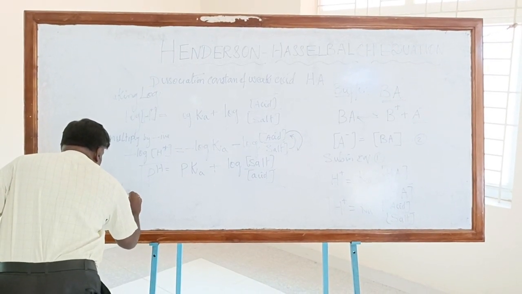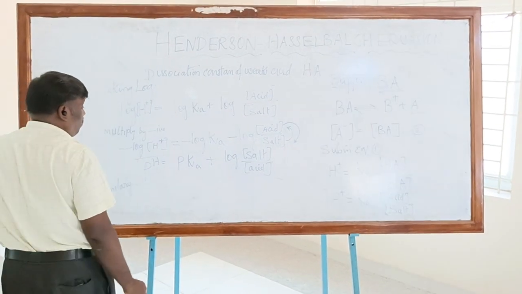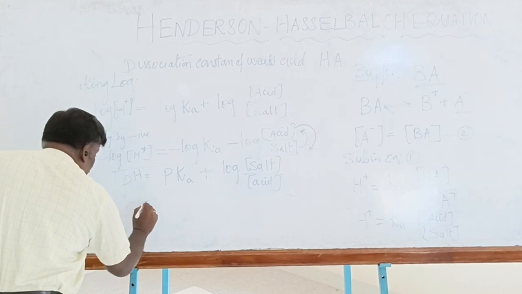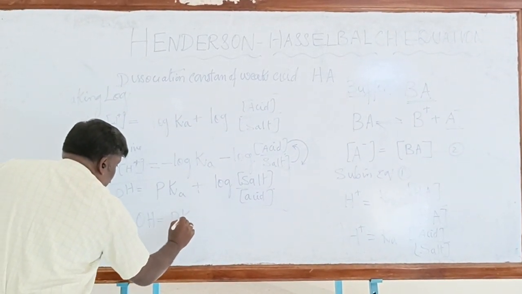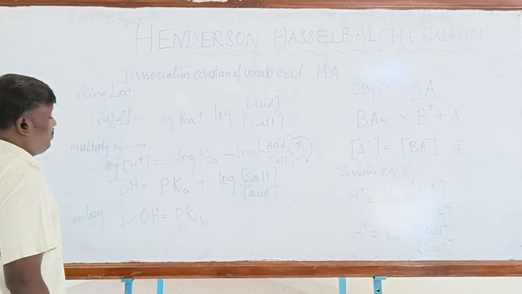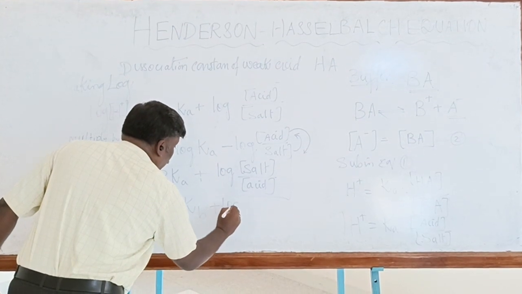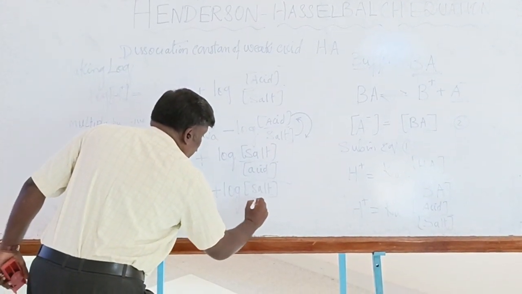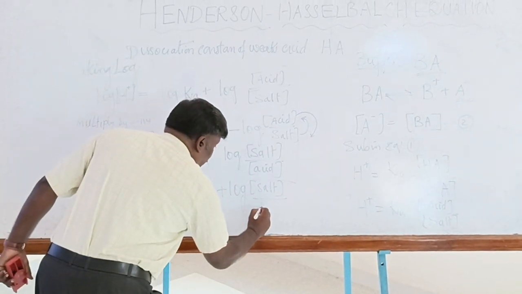Similarly, we can write for basic buffer. So what can be the formula for basic buffer? You have to follow the same steps, and here you will obtain pOH is equal to pKb plus log of salt concentration divided by, instead of acid, you will get a base.